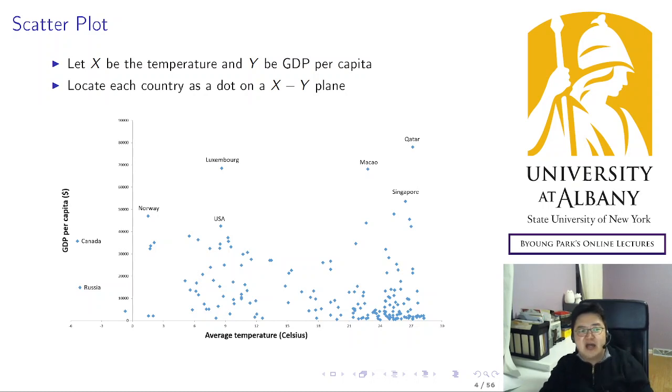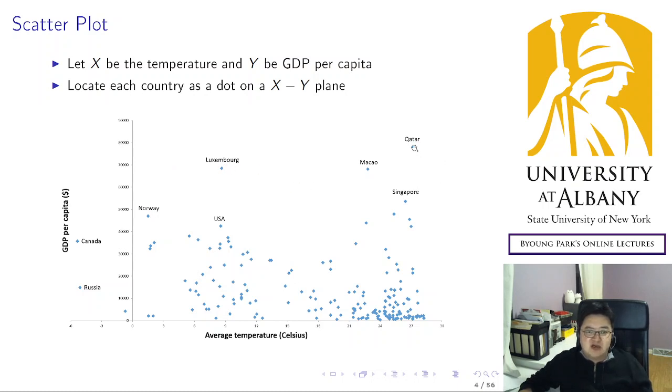But a scatter plot is for two variables. Say in this example, temperature is on the horizontal axis and GDP per capita is on the vertical axis. And one dot represents one country.